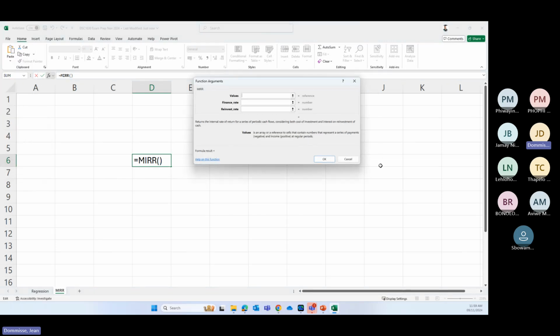Okay, so they ask us to put in the values, then the finance rate, and then the reinvestment rate. That's interesting because that is what we will need to work out.